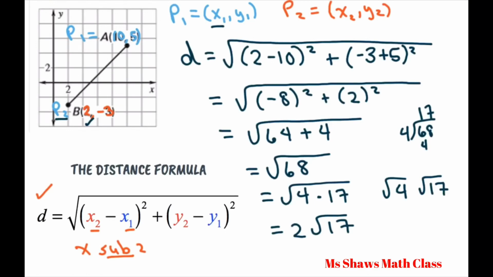Okay, the next one, we're going to do the school to the library. And I'll call this point 1 and this point 2. So this would be x sub 2, y sub 2, and this one would be x sub 1, y sub 1. All right, so it doesn't matter which order as long as you are consistent with it. So we're going to take negative 2 minus 2 squared plus 6 minus 4 squared.